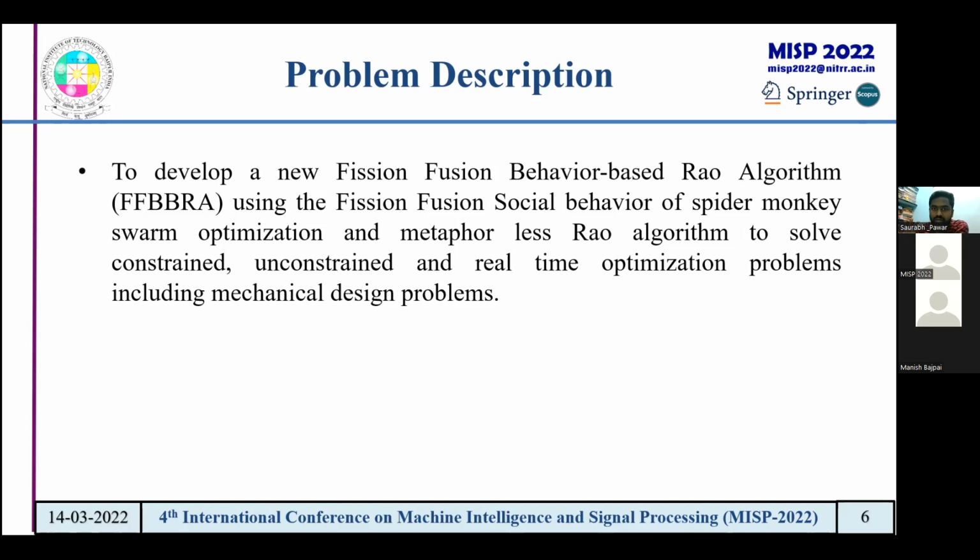We have only used the fission and fusion strategy from spider monkey optimization, because the spider monkey optimization algorithm uses some parameters, but the RAW algorithm does not use any parameters. I'm asking in terms of scope, whether it is narrow or we can widen it. Yes, we can widen the scope if we use parallelism in the future.